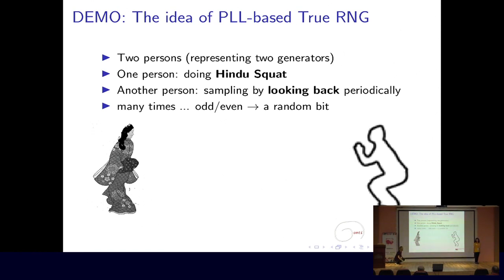If it is 0, when she looks back, she doesn't change her bit. And she has to do that 192 times to get a single bit.